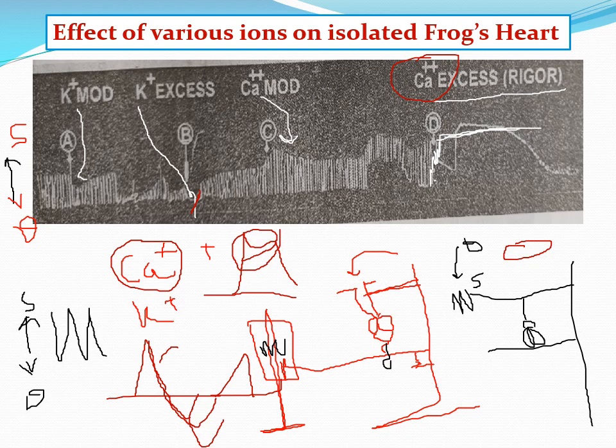And how does relaxation occur? When these calcium ions are pumped back into the L tubule, then relaxation occurs. This is the normal mechanism of muscle contraction. How much calcium is released in the cytosol decides how much the muscle contracts.